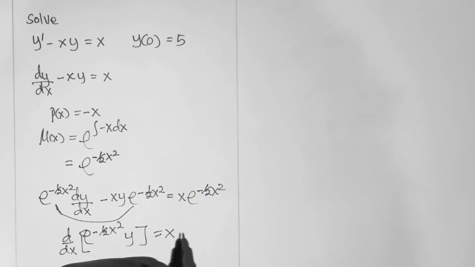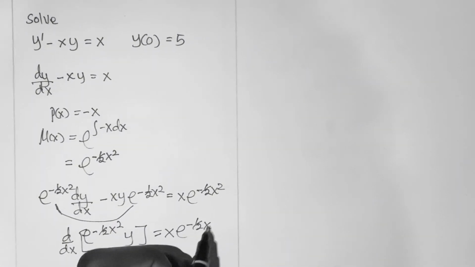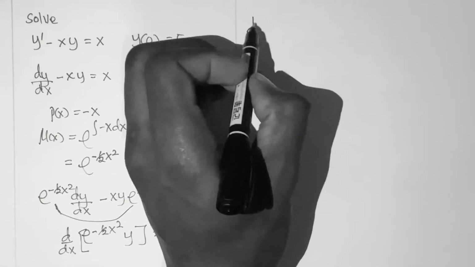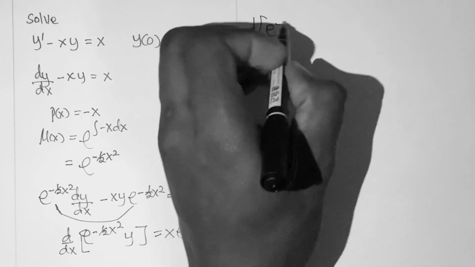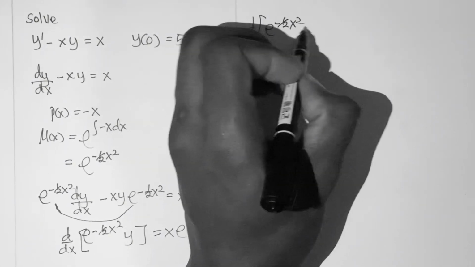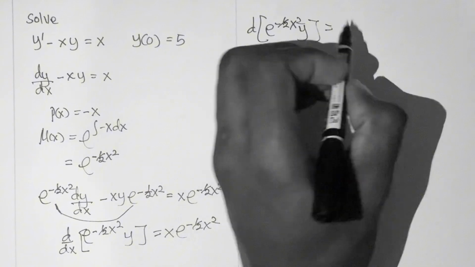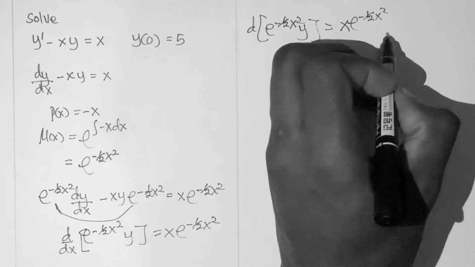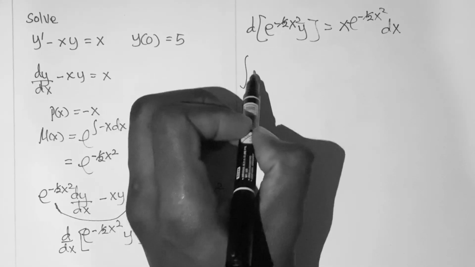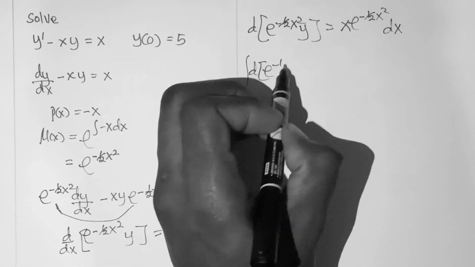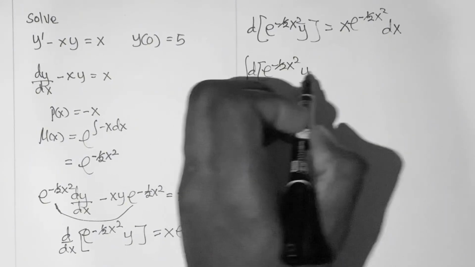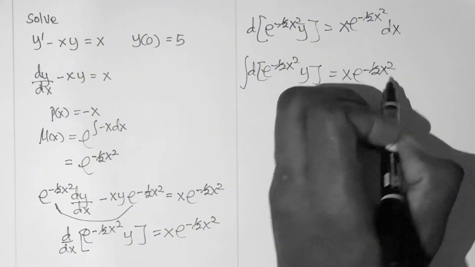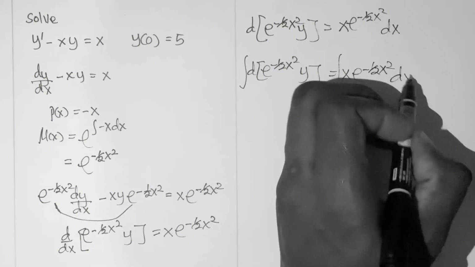And this is equal to x exponent minus half of x squared. So the derivative of exponent minus half of x squared y is equal to x exponent minus half of x squared dx. This becomes the integral of the derivative of exponent minus half of x squared y equals the integral of x exponent minus half of x squared dx.